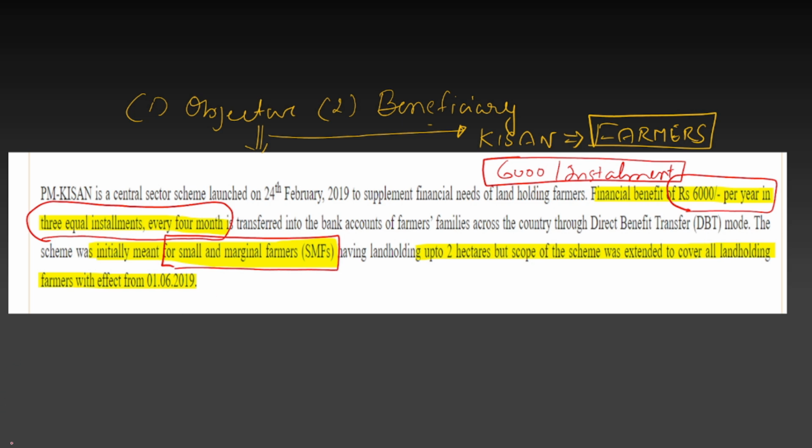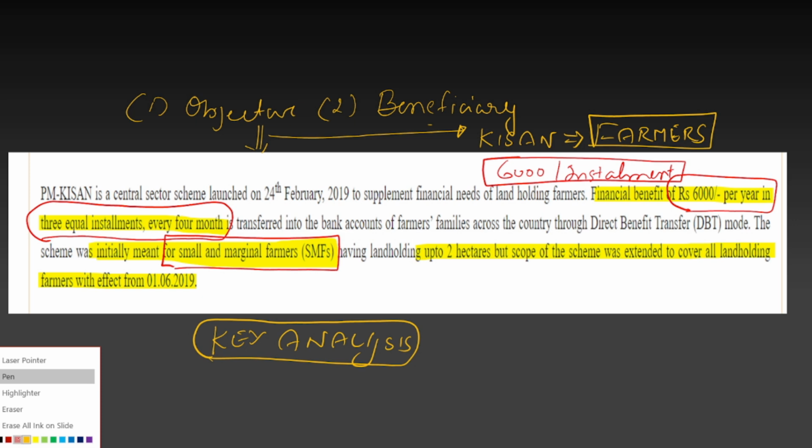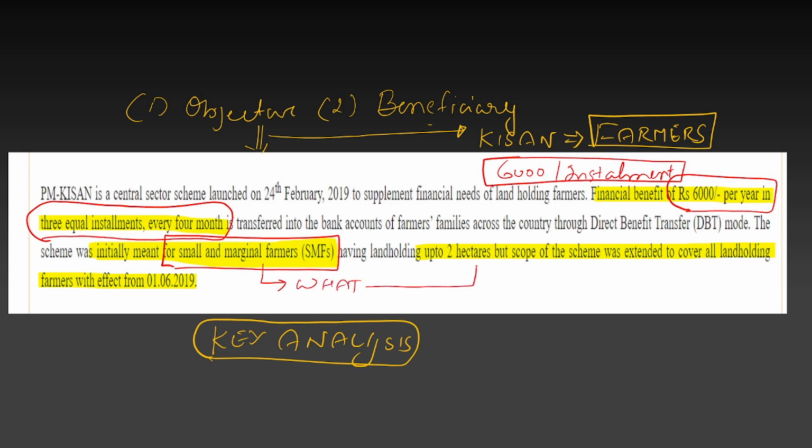This is how, for those who asked how to prepare in the last stage, the last stage is having key analysis or keywords. You cannot read the complete book. You should look at keywords, like small and marginal farmers. What are small and marginal farmers? You should check that in the geography NCERT, but it is up to 2 hectares. And what are large farmers, you should check.